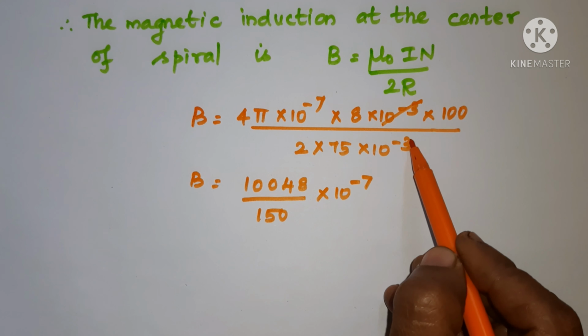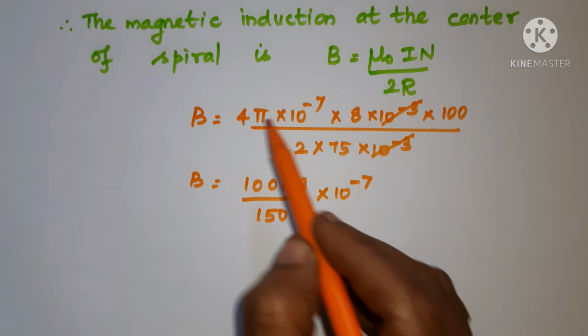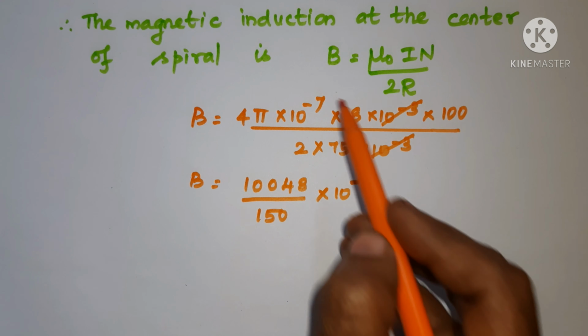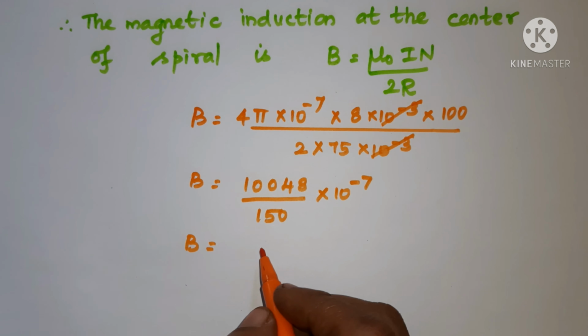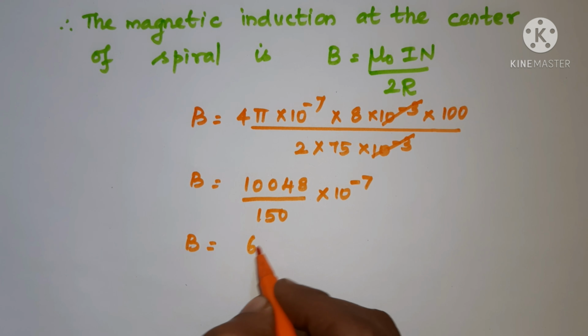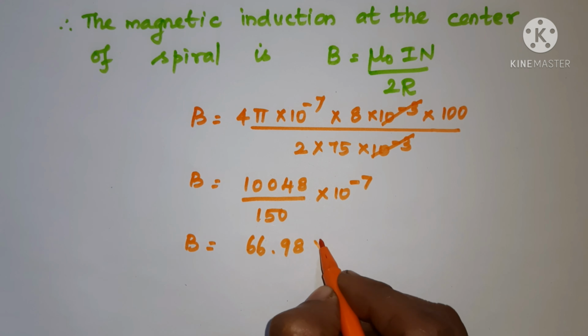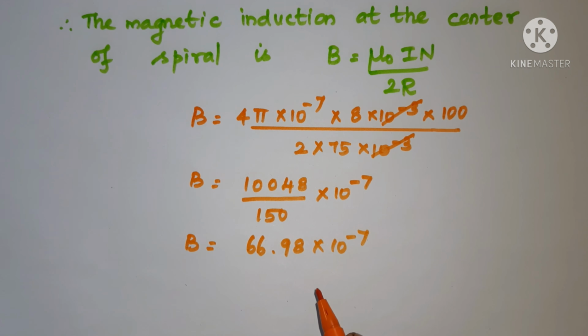The 10 power of minus 3 terms get cancelled. Remaining we have 10048 divided by 150 into 10 power of minus 7, and hence B equals 66.98 into 10 power of minus 7.